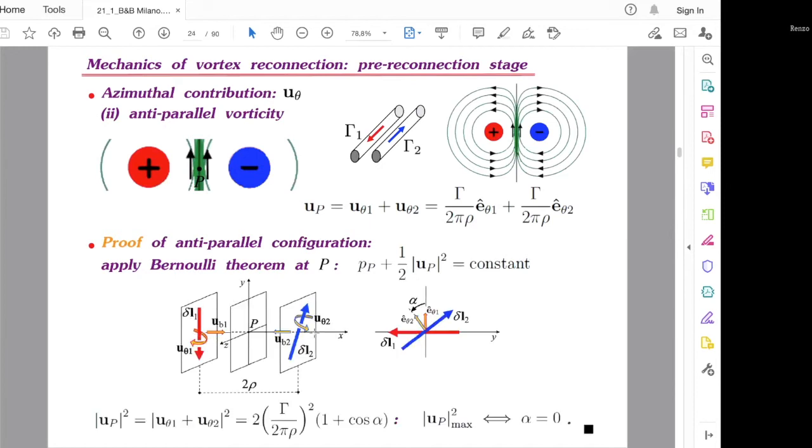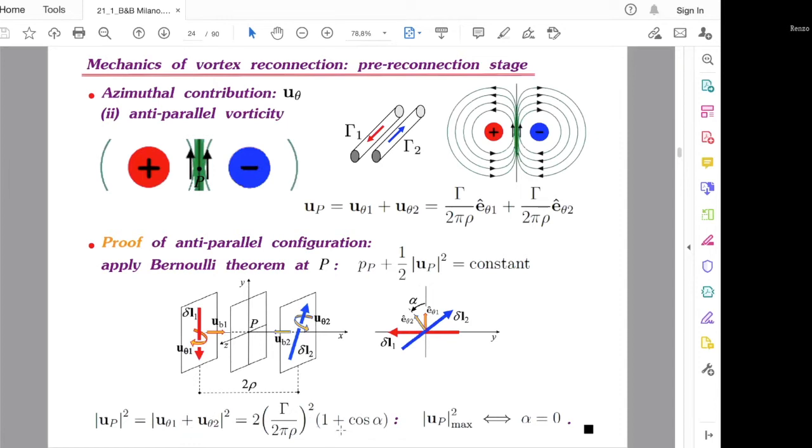And a little bit of geometry here will convince you that the velocity at P is given by the two azimuthal contributions only, because the binormal contributions UB1 and UB2 annihilate, they cancel out each other. So this is 0. We are left with these azimuthal contributions.